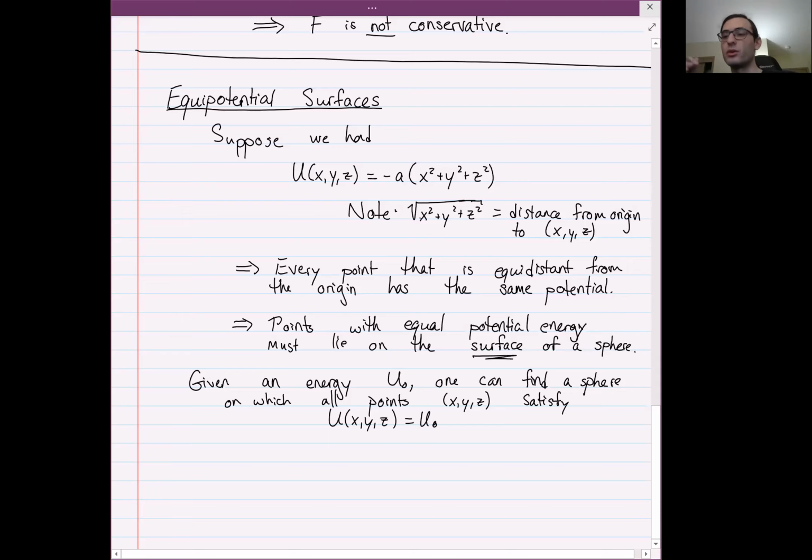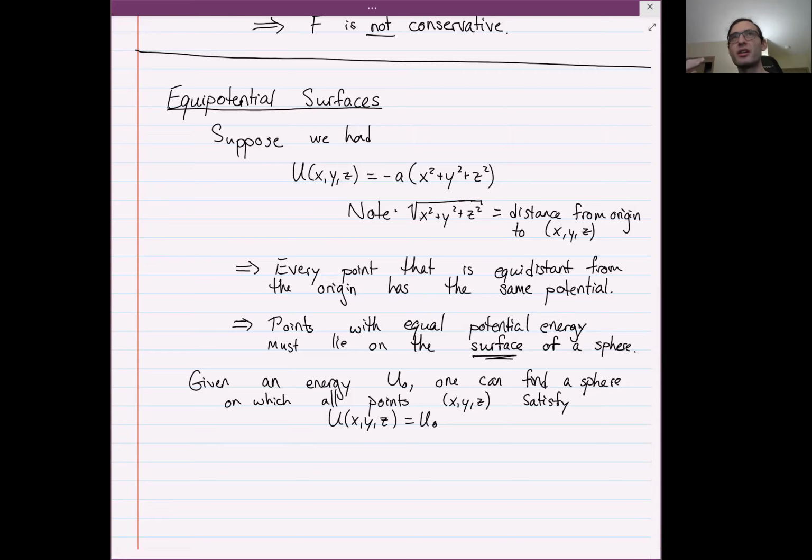So what this is saying is you can pick some value of the potential energy, say -5 joules. Then you plug that into your potential energy function, and that would tell you the sphere that contains all of the points that have that much potential energy.